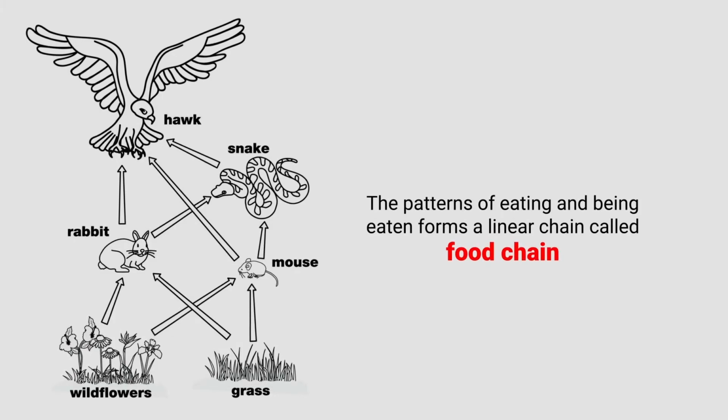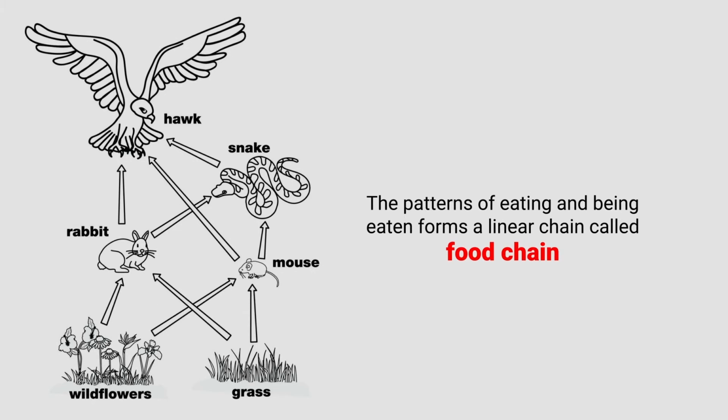This food relationship in an ecosystem is called a food chain. The pattern of eating and being eaten in a linear chain is called a food chain, which can always be traced back to the producer. You start from the producer. On the basis of the nature of eating and being eaten, two types of food chains are recognized.